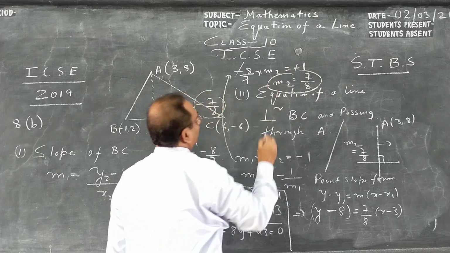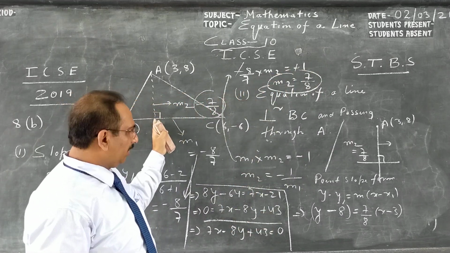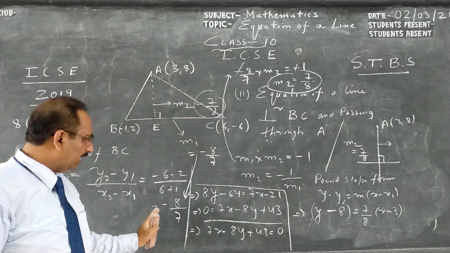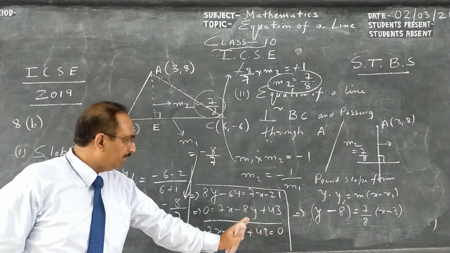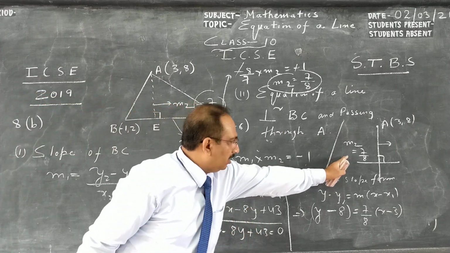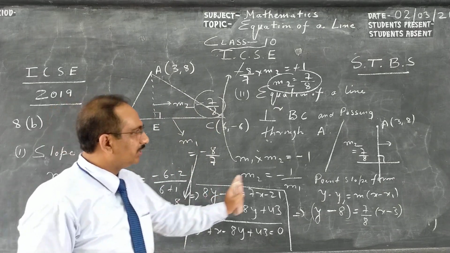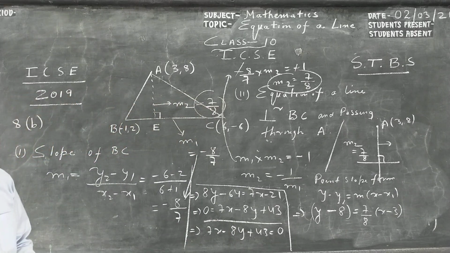This is another way of finding, by the fundamental method, the slope of a line perpendicular to a given line, and the shortcut method is the negative reciprocal. Take the reciprocal; if it is negative, the slope will be positive, and if it is positive, the slope will be negative. So this was 2019, children.